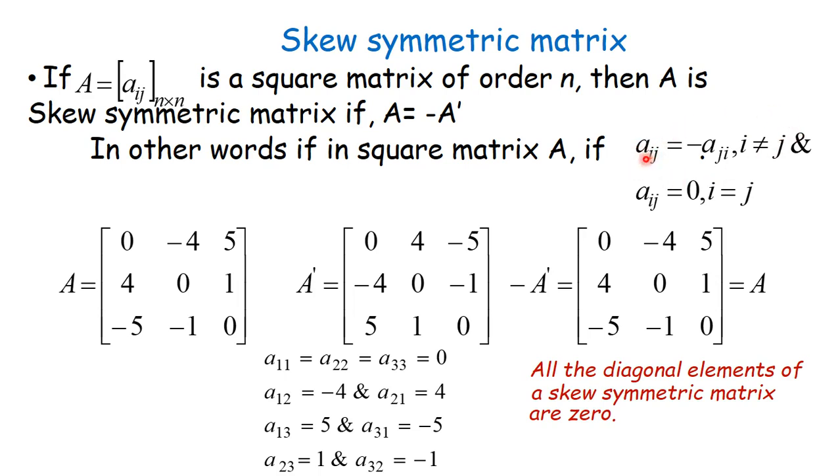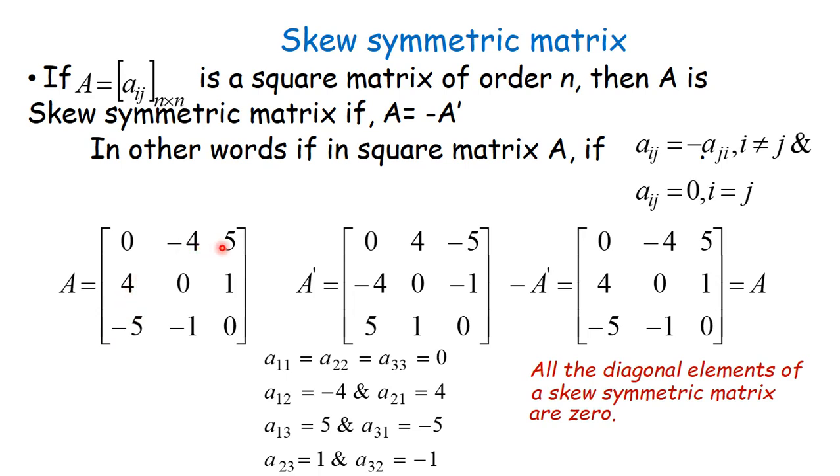What does it mean? If A12 is equal to minus A21, okay, then see here in this matrix A, A12 is minus 4, A21 is negative of this.